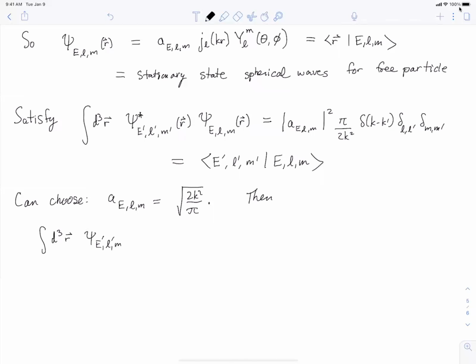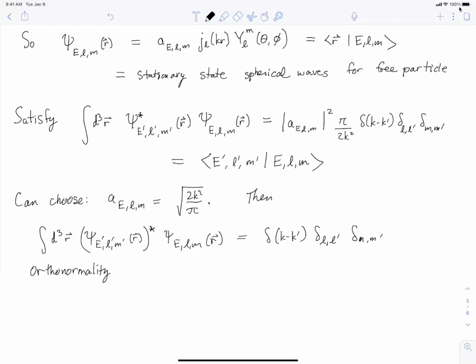So psi E prime L prime M prime as a function of R, starred, psi E L M as a function of R, that equals delta of K minus K prime, delta L L prime, and delta M M prime. So this is orthonormality in terms of K, L, M.